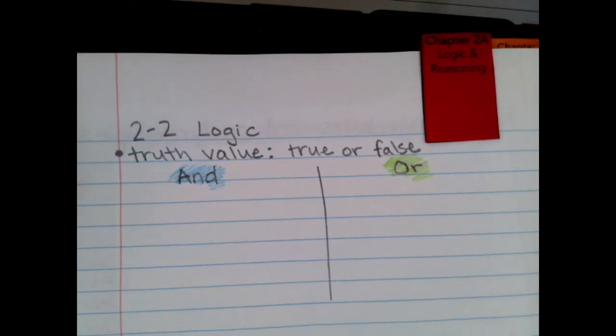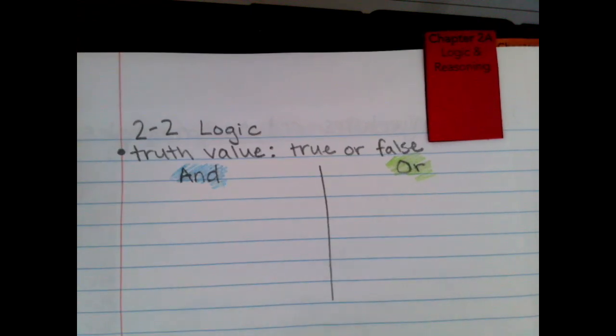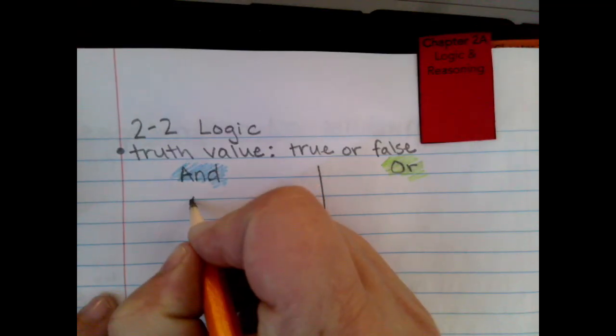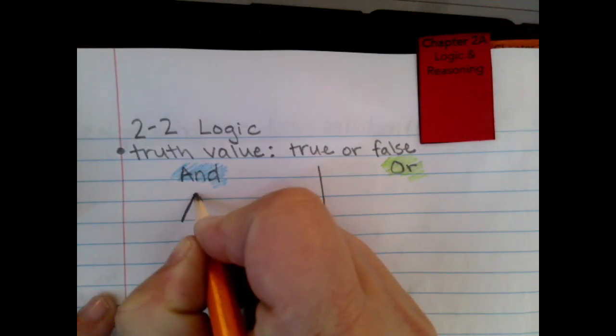That's our big goal. Okay, and we like to write this out symbolically. In math, we don't like to write words out because words are language arts. Just kidding. But it is language arts. But we do like to do things a little bit quicker, faster. So our and symbol is kind of a triangle symbol.